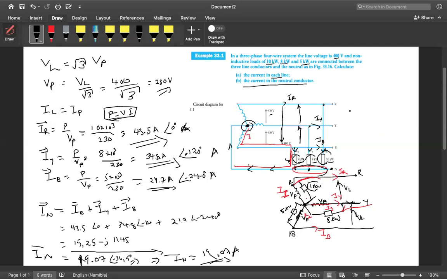I can draw it here and say that I have my source here. You could have drawn it like that. This is funny, but it's still fine.